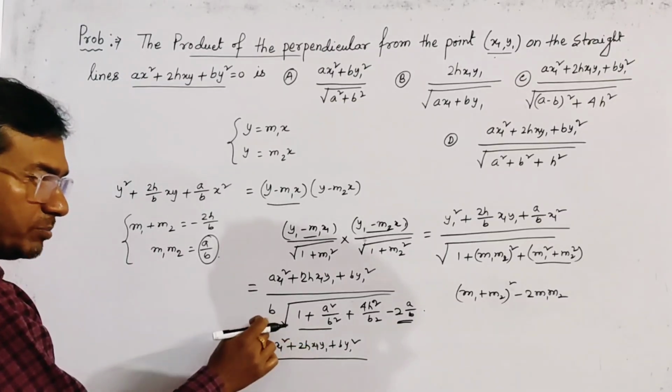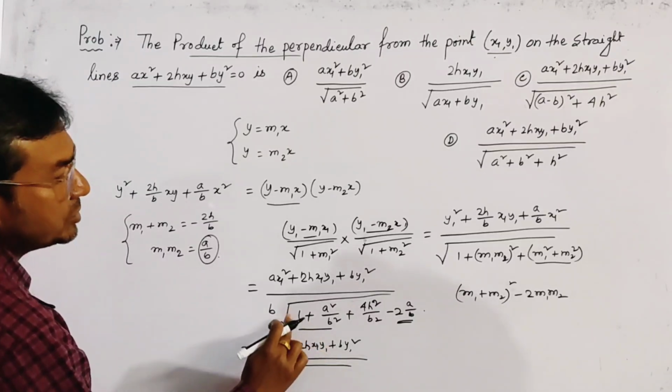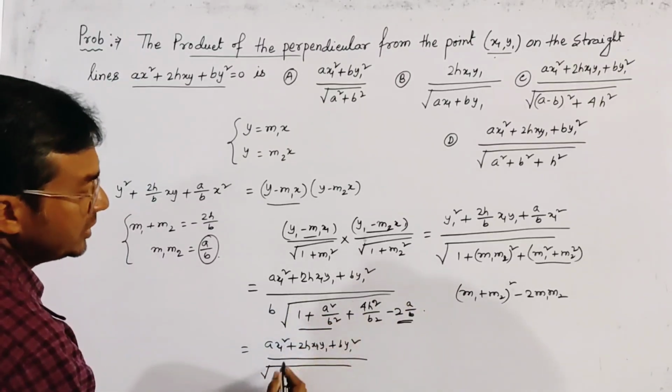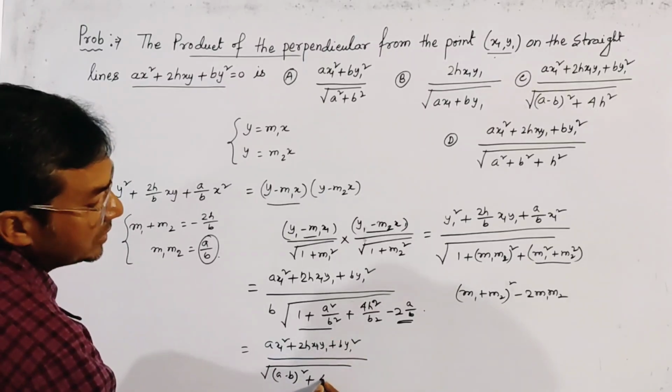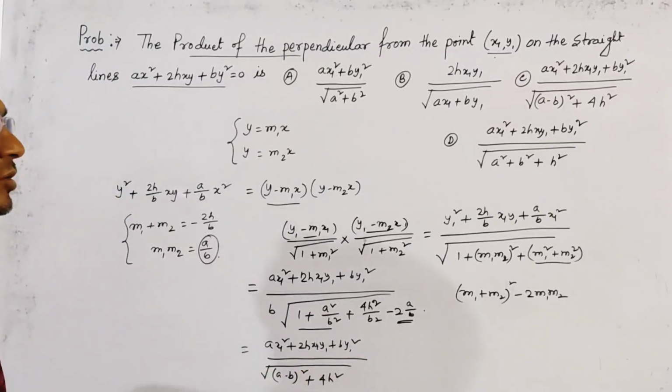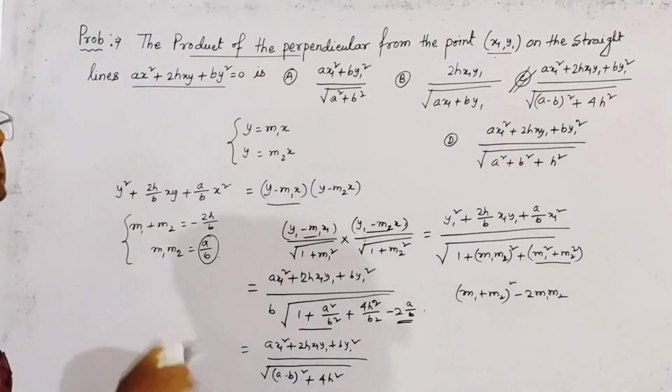From the lower side we get b² + a² − 2ab, so this is (a − b)² plus 4h². So our answer is option C. This is the correct option for this problem.